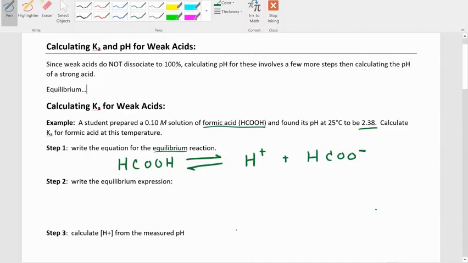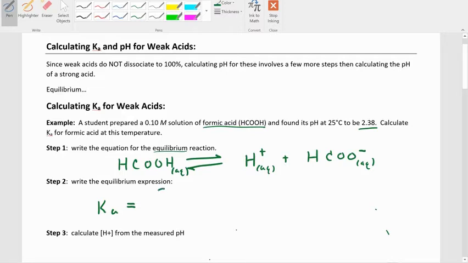Now we're going to write the equilibrium expression. Since this is Ka, it's going to be just like the other equilibrium expressions that we've written. Since everything here is aqueous, I'm going to add that in there. We're not dealing with a solid that disassociates just a little bit. We're dealing with something that is aqueous. It's going to, again, be products over reactants.